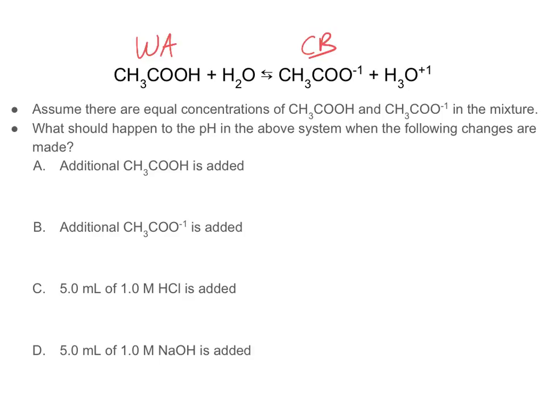So we have, again, equal concentrations of the weak acid and the conjugate base in the mixture. What would happen to the pH when we do the following? So if I add acid, what's going to happen to the pH? Is it going to become more acidic or is it going to become more basic? It'll become more acidic.